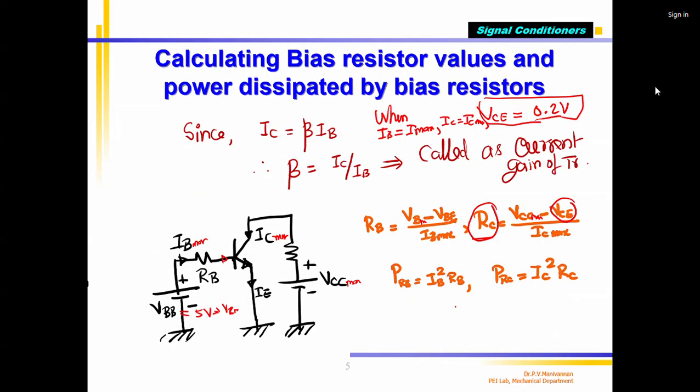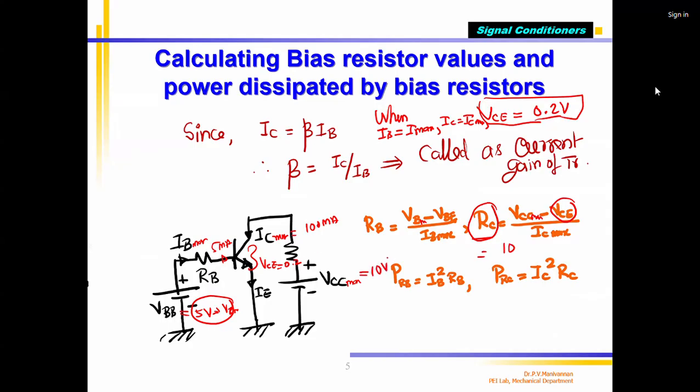But if you supply IB max, which for the BC 107 is 5 milliamps, already I told you, IC max will be 100 milliamps. In that condition, this VCE will become 0.2 volts. Then you apply this and find the RC value. I said 10 volts I am applying here.